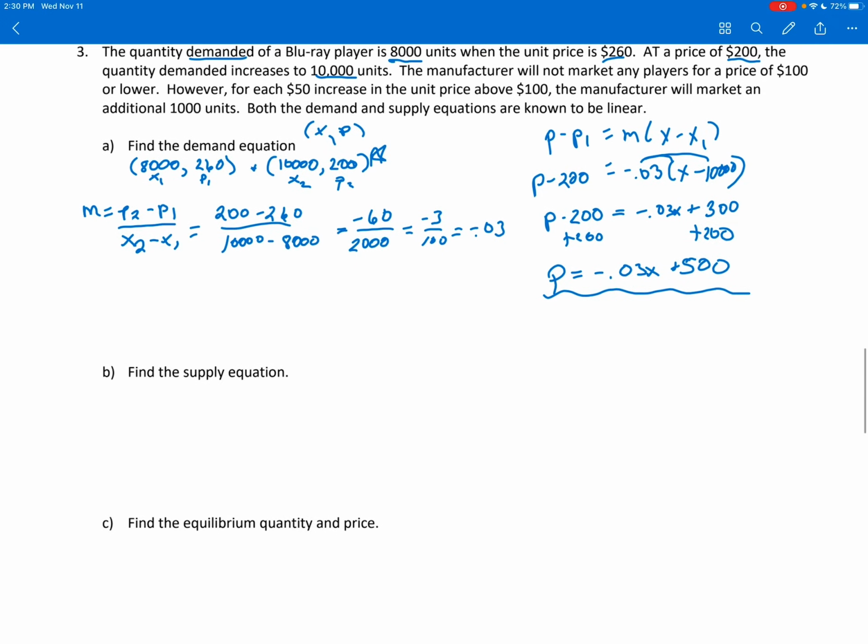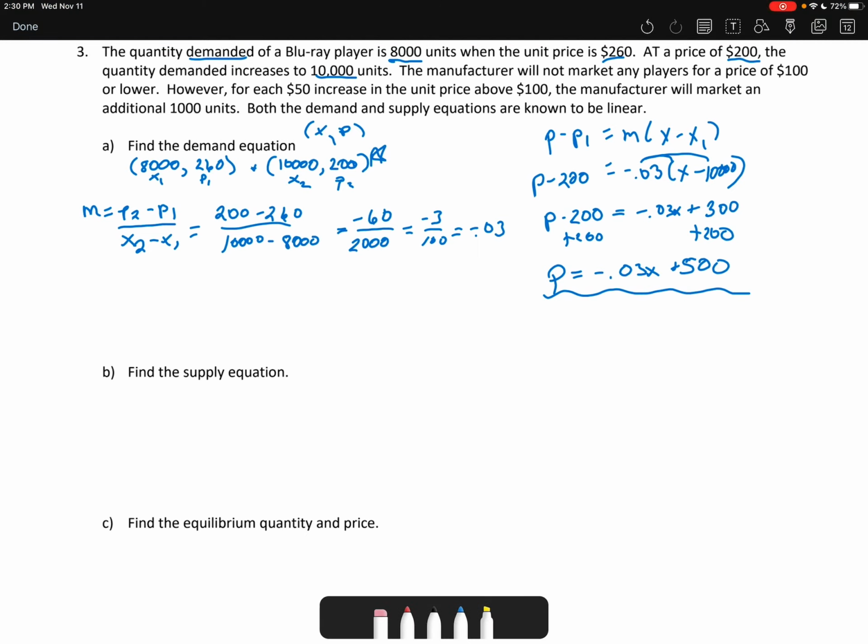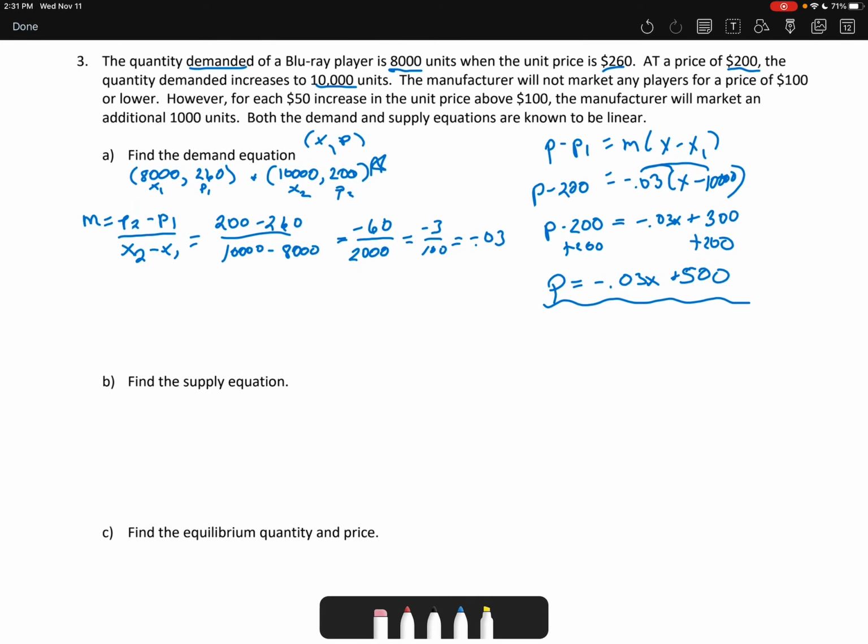So what can we do now? How can we make two ordered pairs out of this second information? They won't market any players at all if the price is under $100. But for every $50 above that, they will make an extra 1,000 units. What they've told us, without telling us, is that there will be zero of these players at a price of $100.